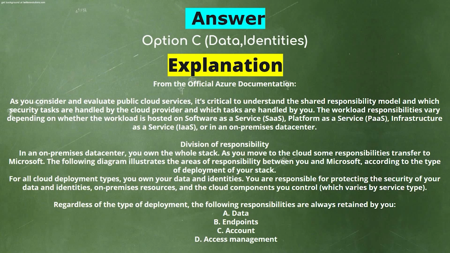Division of responsibility: in an on-premises data center, you own the whole stack. As you move to the cloud, some responsibilities transfer to Microsoft. The following diagram illustrates the areas of responsibility between you and Microsoft according to the type of deployment of your own stack.